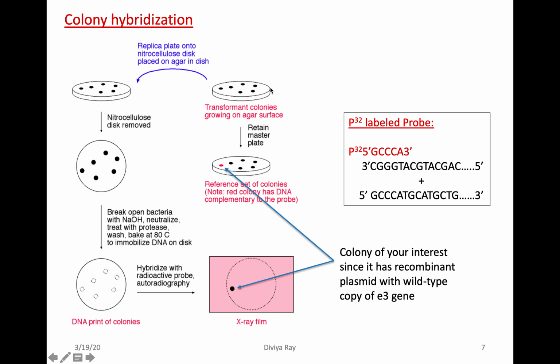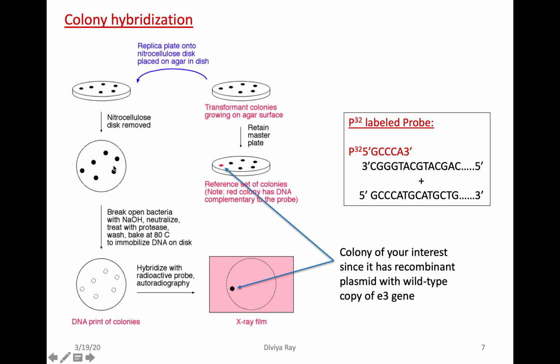So here's the plate that has the bacterial colonies, and these bacterial colonies together represent the yeast genomic DNA library. You take this plate, you put a piece of paper on the plate, and you take the impression of all these colonies, keeping the orientation the same.